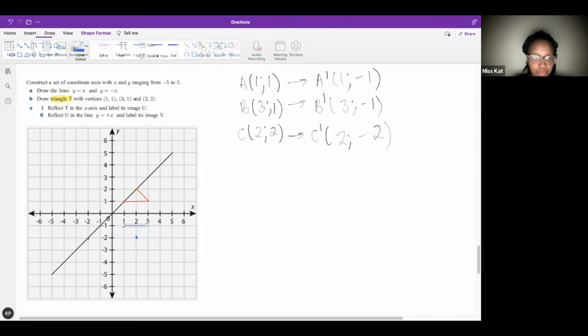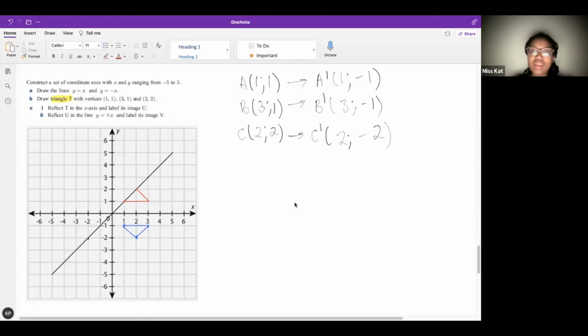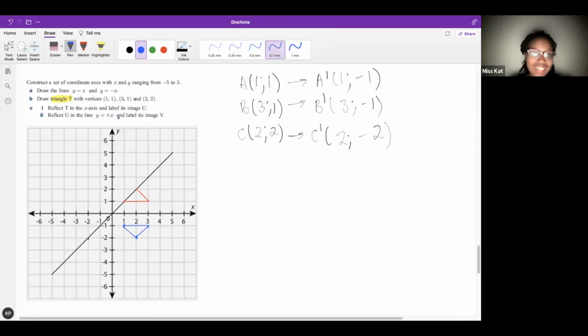There we go. And while I'm drawing it, please tell me my new triangle is called what? It's triangle U. You guys are so silly. So this one is triangle U.